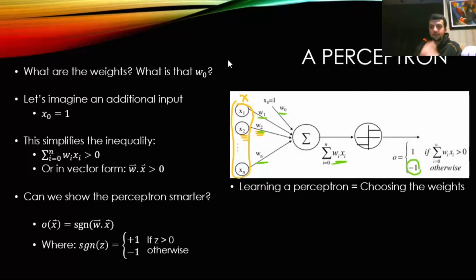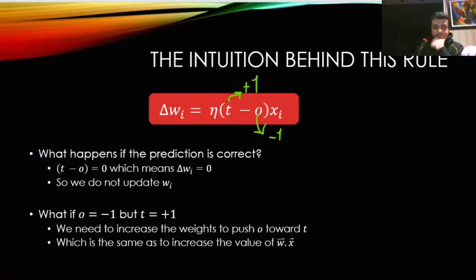How? It means that we have to change the weights in a way that this quantity becomes bigger than 0. Because if that is bigger than 0, only then the output will be 1, right? So this means that you have to change the weights accordingly to make this happen.